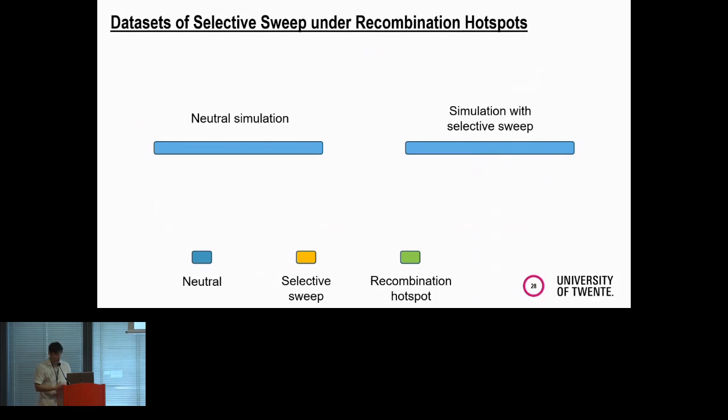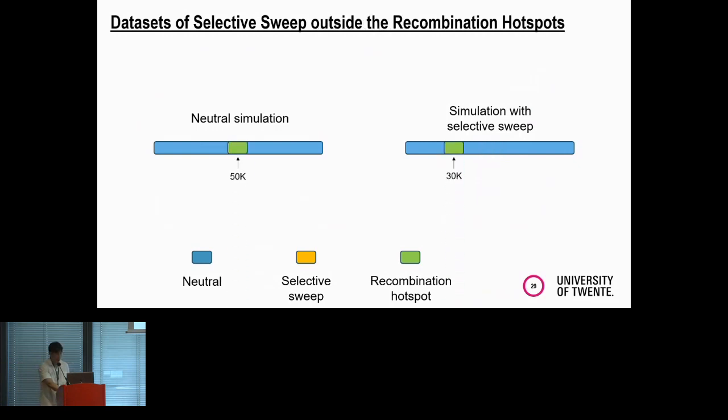For the recombination events with selective sweep, we also assume 2 different situations. First, the selective sweep within the recombination region. Here, first we generate the recombination hotspot region at the center of both the neutral data set and the selective sweep data set, and then we generate the selective sweep at the center within the recombination hotspot region.